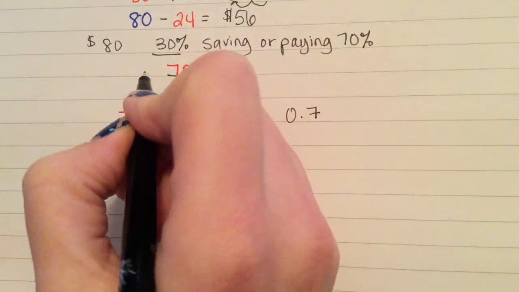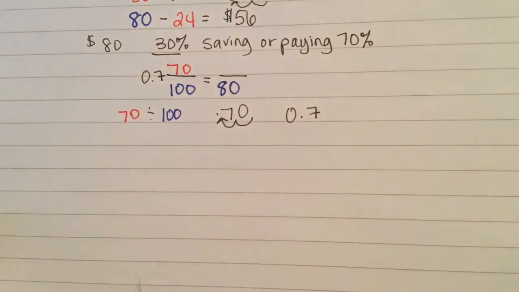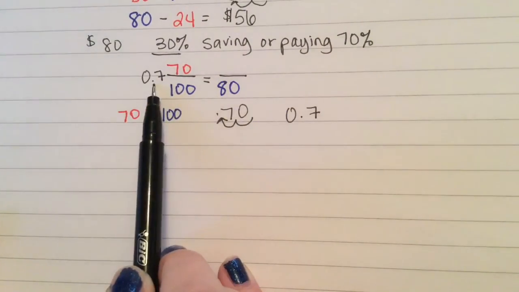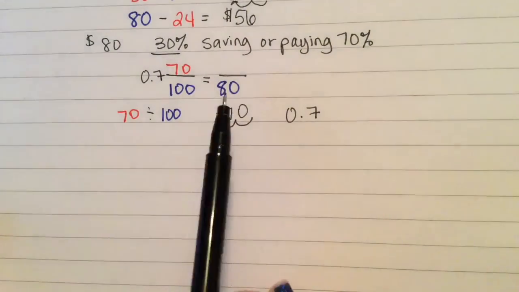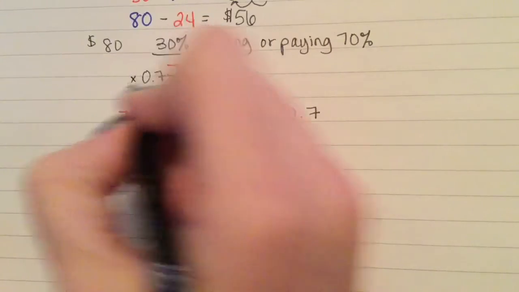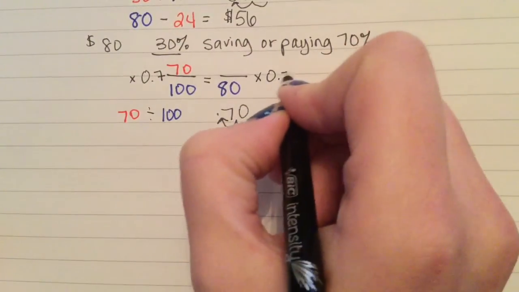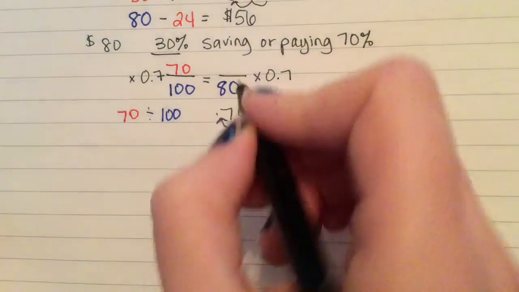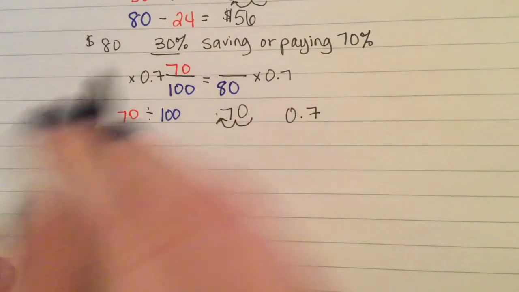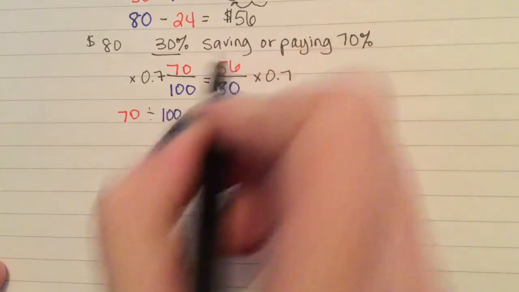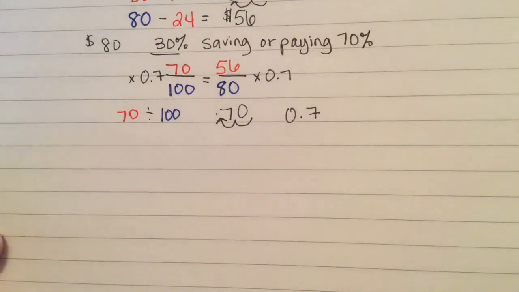So my scale factor here is 0.7. 100 times 0.7 is 70. I'll do the same thing with 80. 80 times 0.7 is 56. I will pay $56 for the pair of shoes after discount.